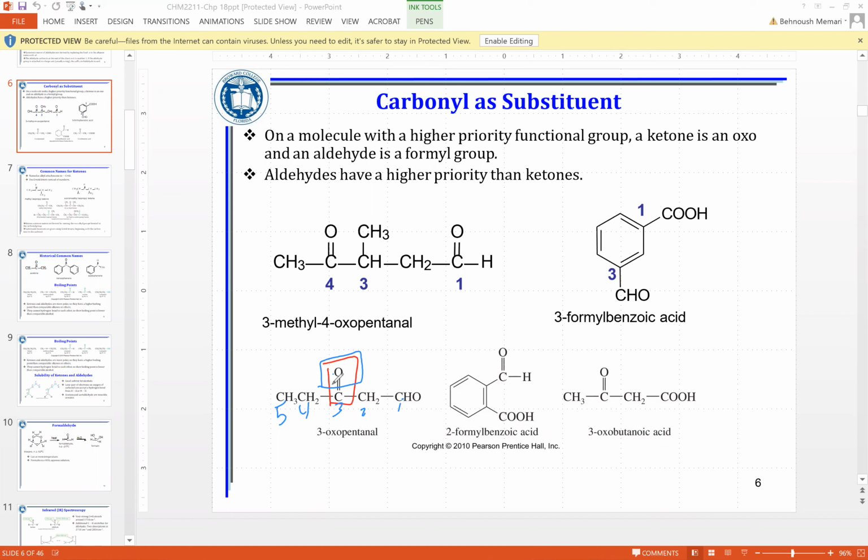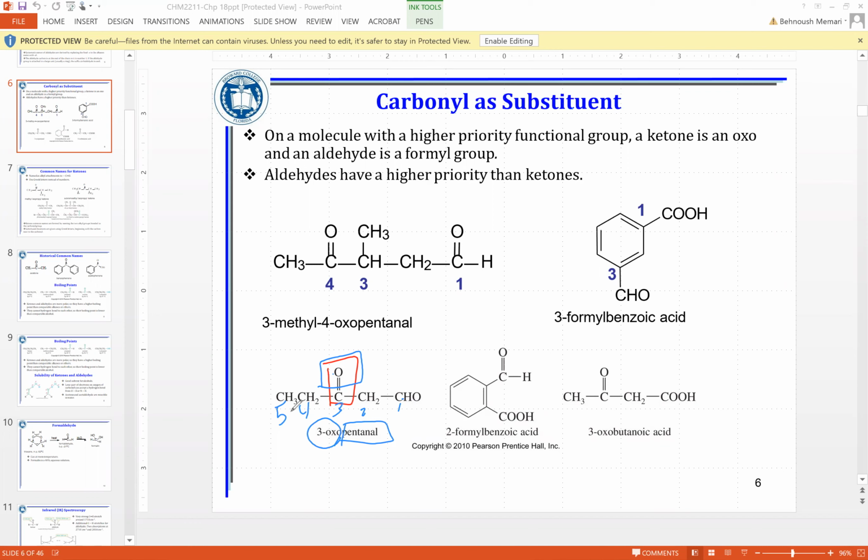And later on, you will see carboxylic acid takes priority over ester because it's already at the beginning of the carbon chain. So we are going to name this as a pentanal, and the ketone functional group with the location is oxo, 3-oxopentanal.